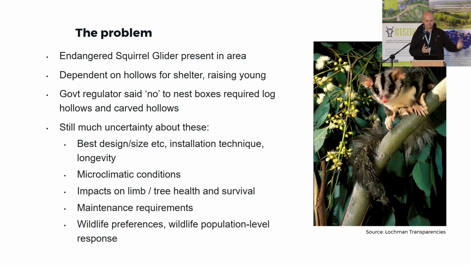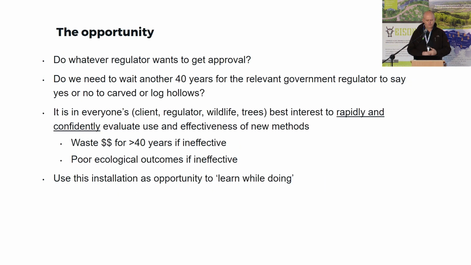So when the trees were cut down for the road, we kept the hollow sections of logs, and then we can put those back up into the tree. We still don't know what the effects of carved hollows are on tree health, how long they last, etc. So we had to face a decision, and there was an opportunity.